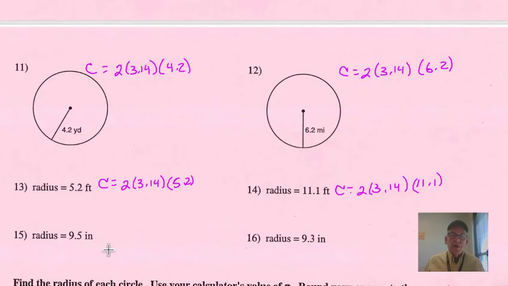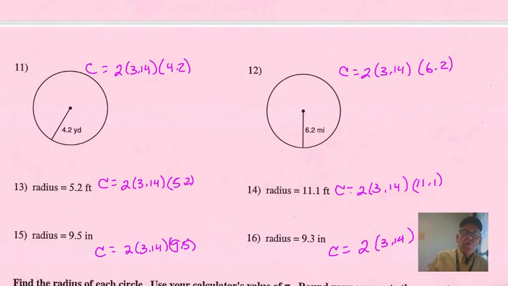Here, 9.5 inch radius, c is equal to 2 times 3.14 times 9.5. And over here, c is equal to 2 times 3.14 times 9.3.